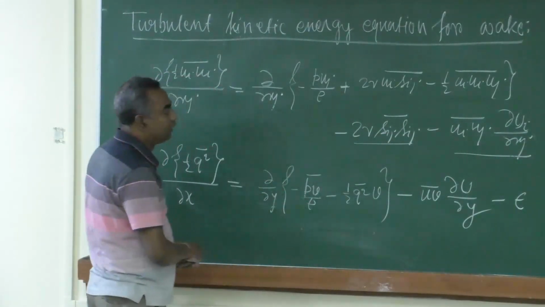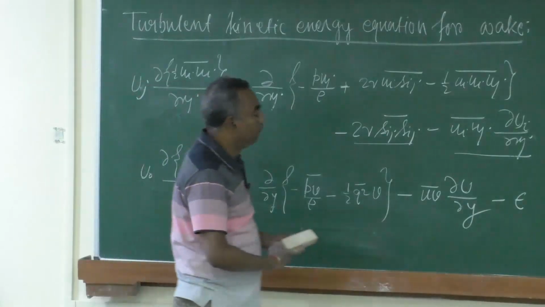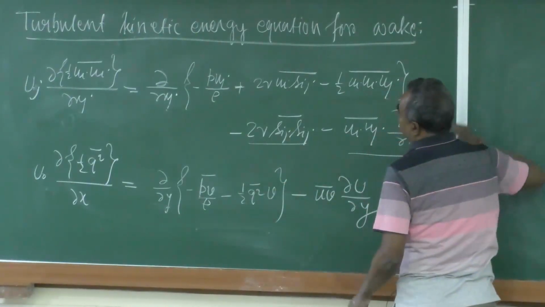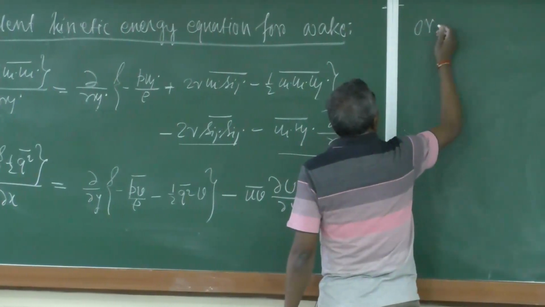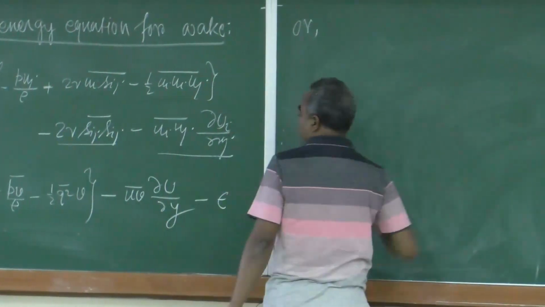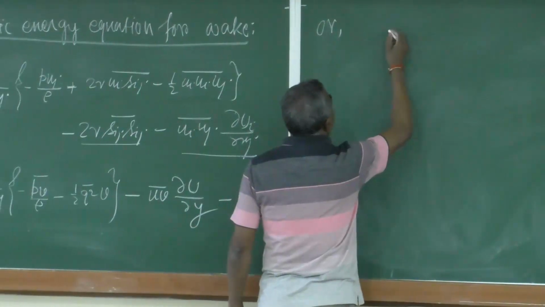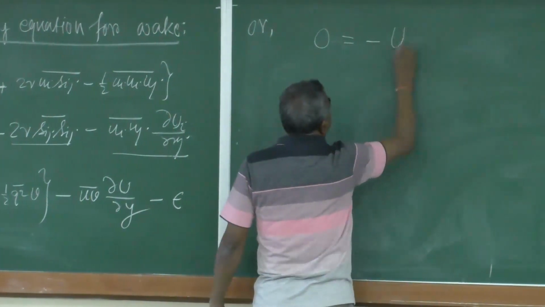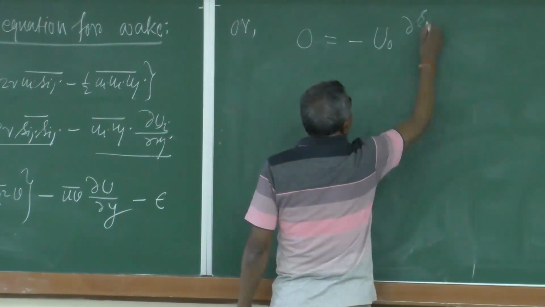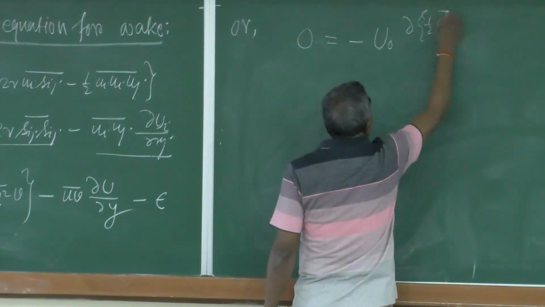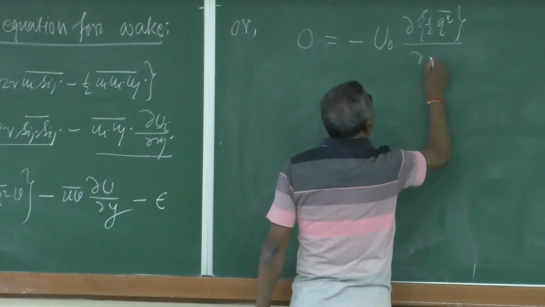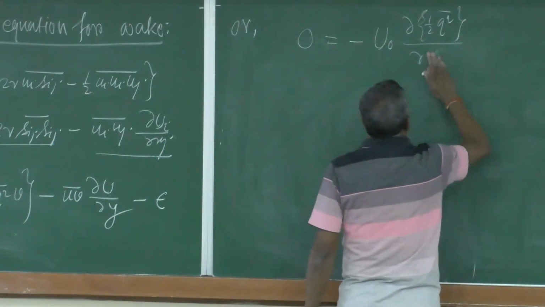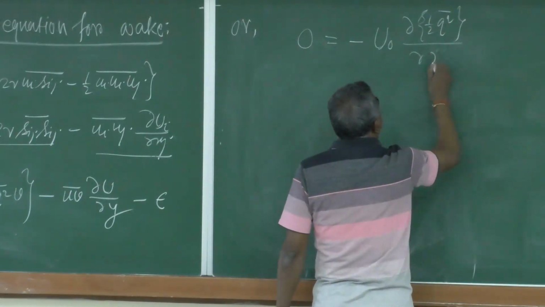Now, once again we can simplify this equation a little bit, let us do it. This particular equation we can write as u naught, with the left hand side kept as 0, minus u naught del half q square bar del, this is y, sorry, this should not be y, this should be x.